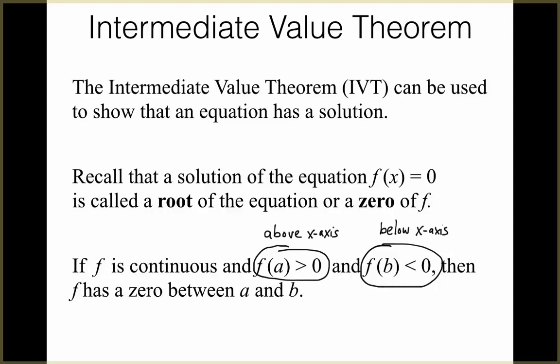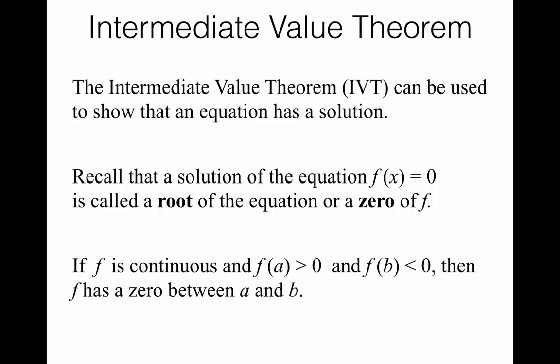So if you have a continuous function and it's above the x-axis at a and below the x-axis at b, then there's no way you can get from height f of a to height f of b without crossing the x-axis somewhere. Well, when you cross the x-axis, then the function has value 0. So somewhere between a and b, the function has a 0.